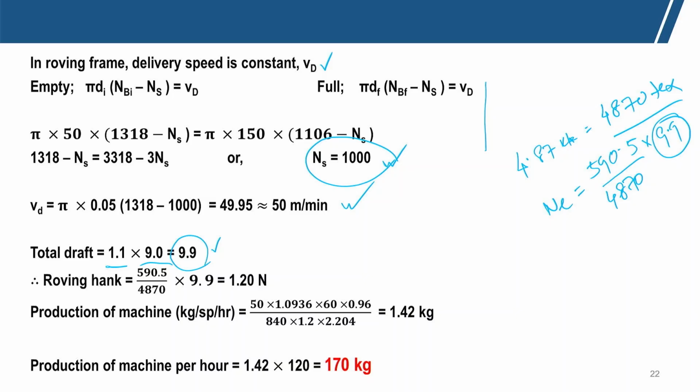That means in the roving frame there is a stretch of 9.9.